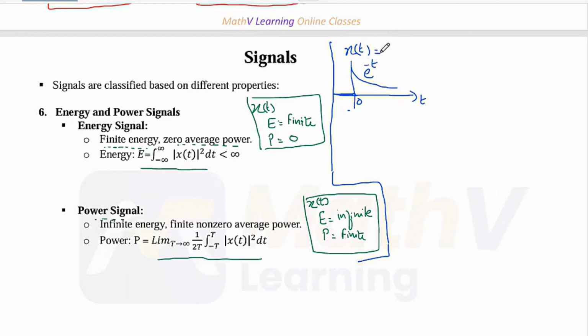That is, x of t equal to e power minus t for t greater than 0, and 0 otherwise, for t less than 0. Okay, let us find the energy of this signal.